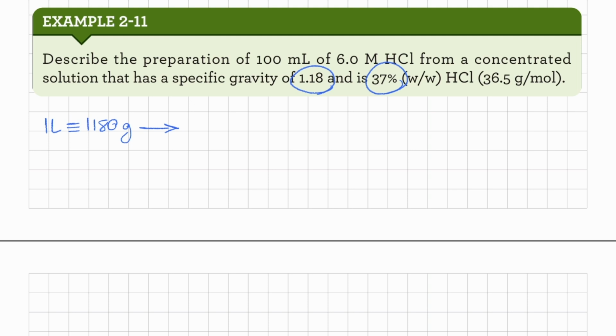Again, by knowing the percent of HCl, we can calculate the grams of HCl, which is 1,180 grams times 37 divided by 100, which would be 436.6 grams of HCl. Now that we have the grams of HCl, it's better to calculate its moles.